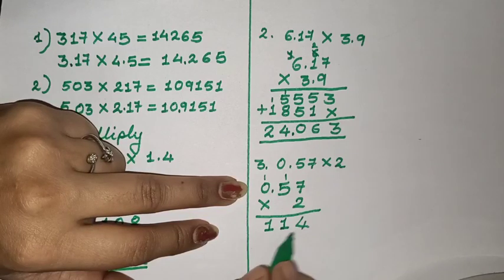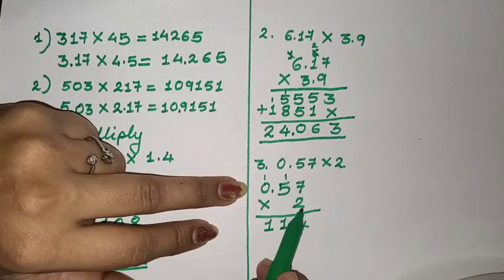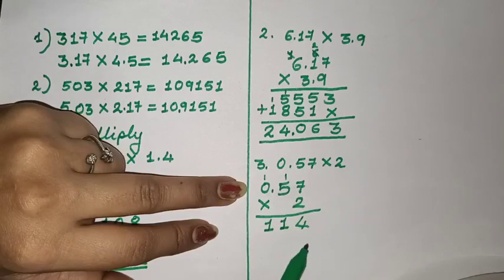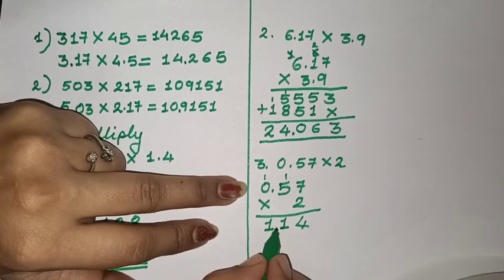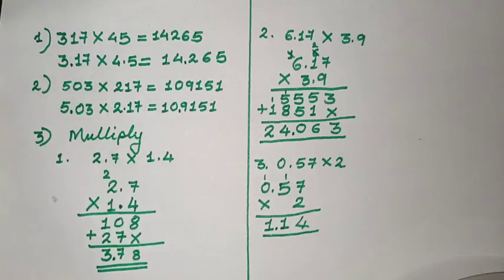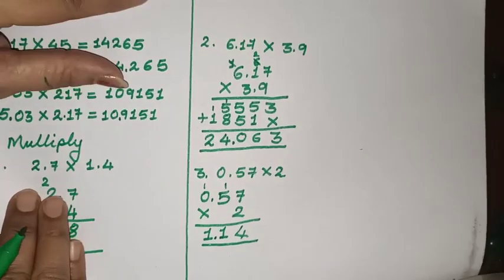So here we got 114. Let us see where to put the decimal point. So this is a whole number. After the decimal, we are considering the decimal. Only here we'll count 1, 2. So the answer here is 1.14. Children, let us see the fourth question.